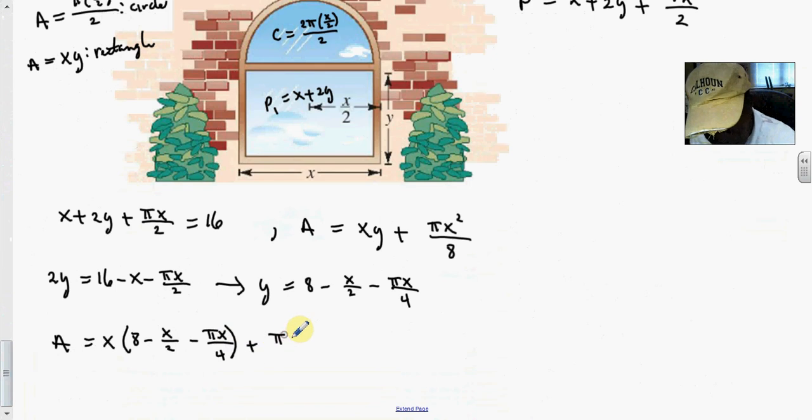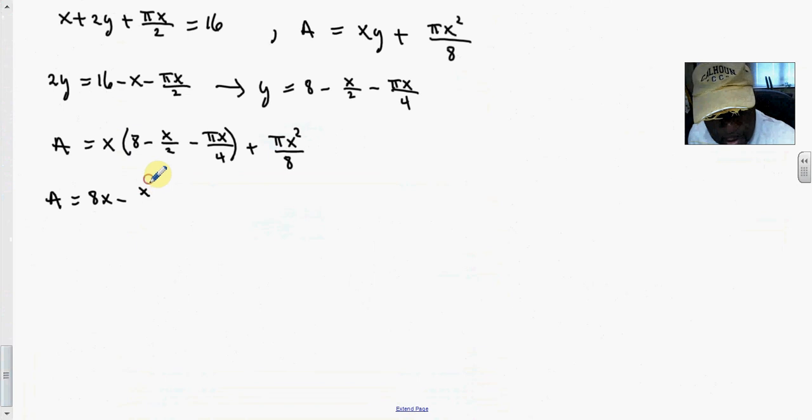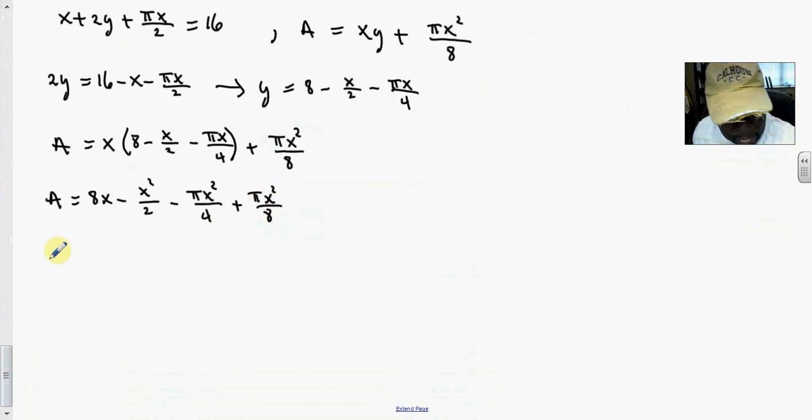Plus pi x squared divided by 8. So let's see, the area is 8x minus x squared over 2 minus pi x squared over 4 plus pi x squared over 8.